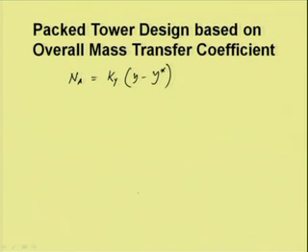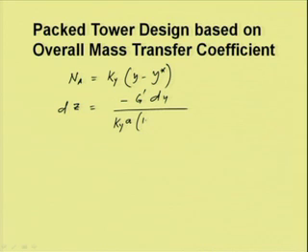Capital Ky is the overall mass transfer coefficient for the gas phase, and then we can write dz is equal to minus g dash dy divided by capital Ky A into 1 minus y into y minus y star.